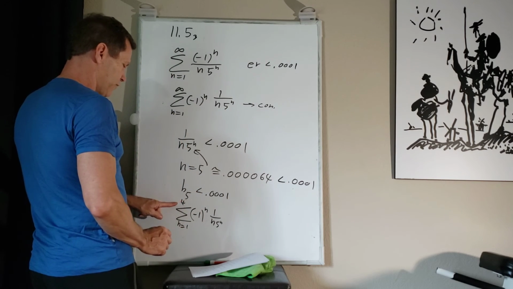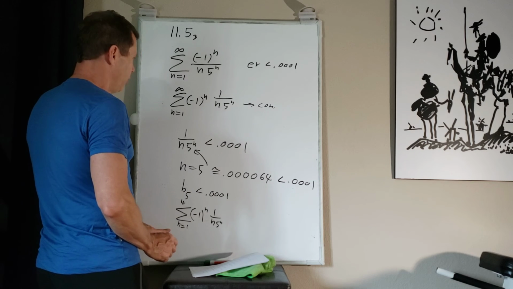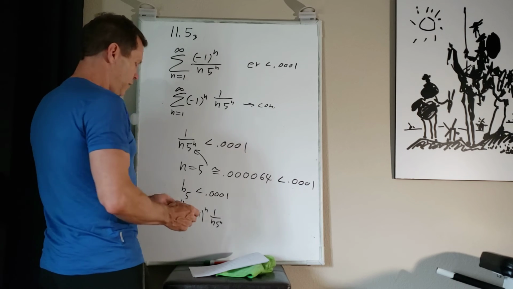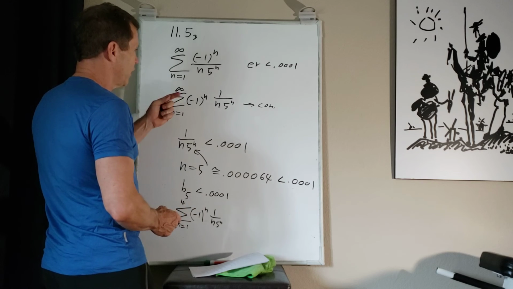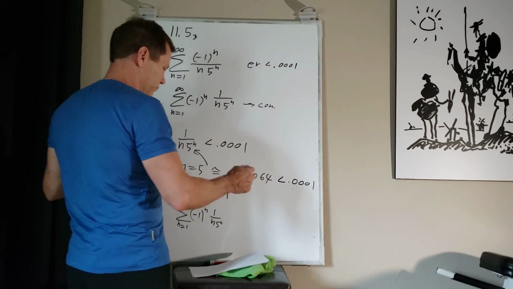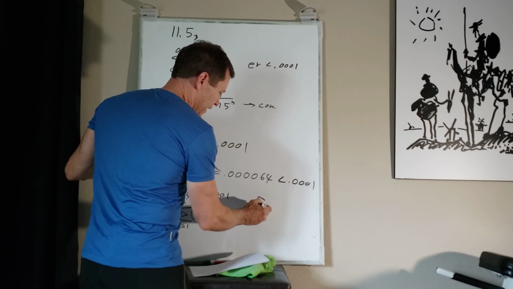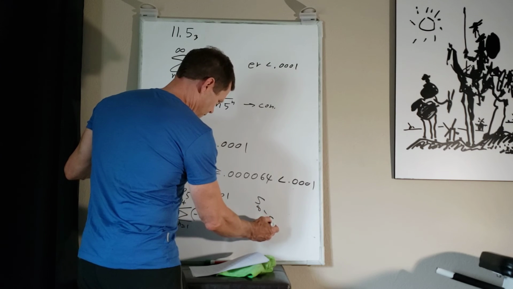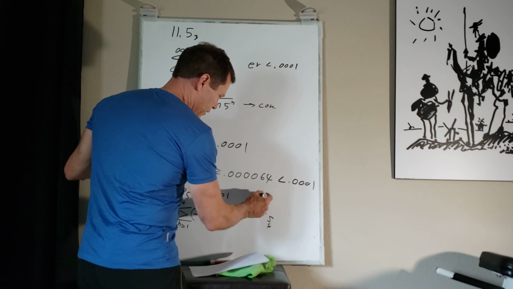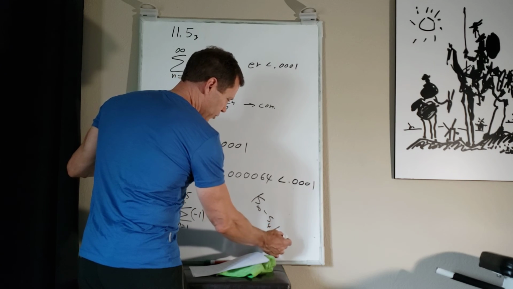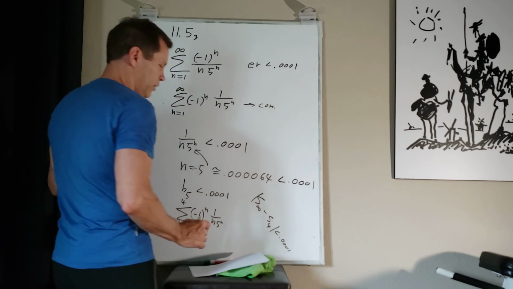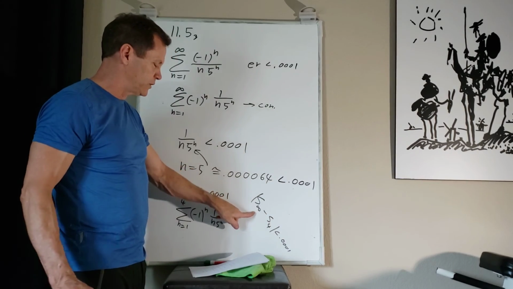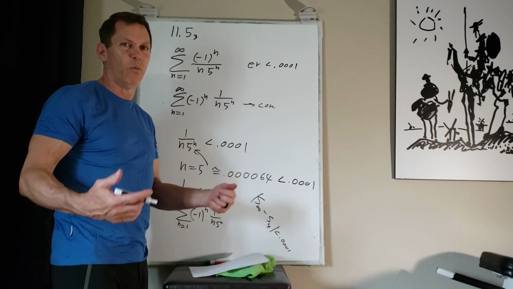If I just sum up the first 4 terms, it'll be close enough. The absolute value of S infinity minus S4 will be less than 0.0001. So if I only use 4 terms to approximate this, my error will be less than 0.0001.